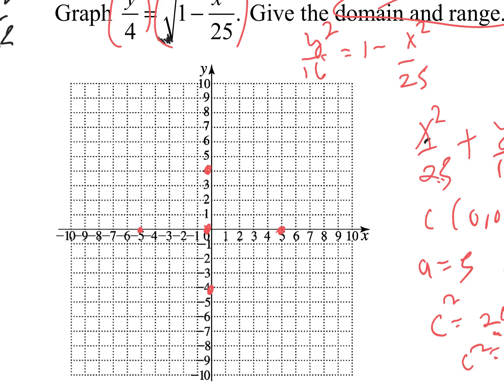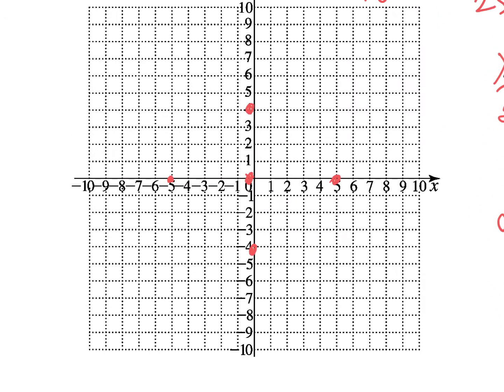It's not going to look very elliptical because 4 and 5 are very close together. Good luck at not making a circle. It's so close to a circle, it's crazy. And then over here at 3 and negative 3 are my focal points.